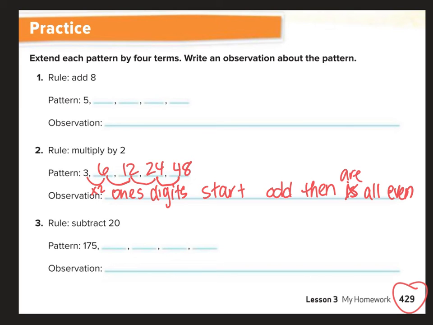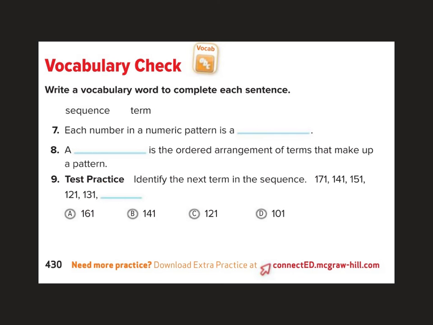There we go. I need to reread my answer to make sure it makes sense. I did not do a very good job of that the first time. Ones digits start odd, then are all even. Good. One observation. It just says write an observation, which to me says 1. I'm not going to do the other 2 because we've done problems like that.